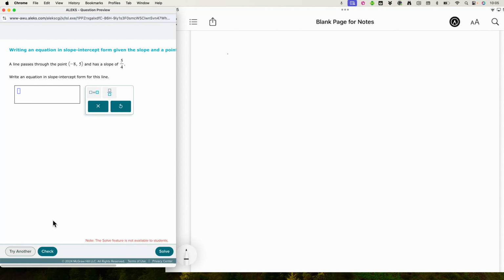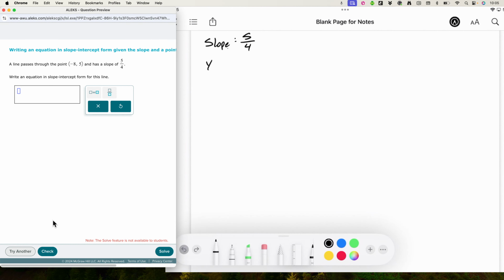So again, we ask ourselves, we have to write an equation for this. Do we have the y-intercept? The answer is no. So we need to use point slope form. This has a slope of 5 over 4. It doesn't have a y-intercept, that's the problem.